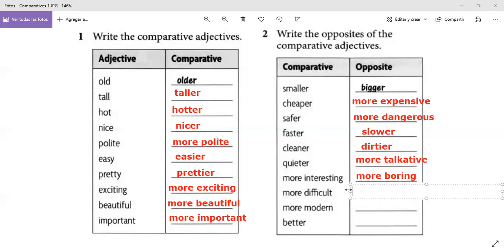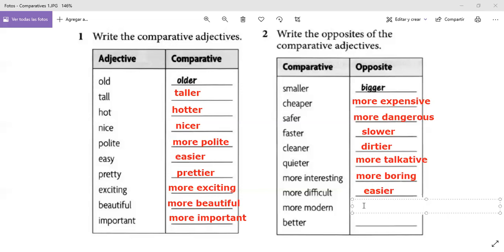Okay, what is the opposite of more difficult? Easy. It is easy, yes, but what is the comparative of easy? Easier. Very good. What about more modern?